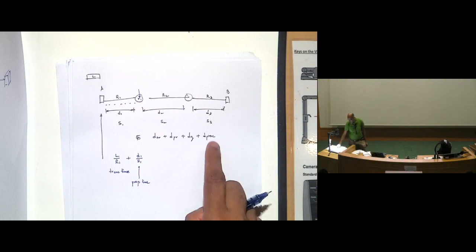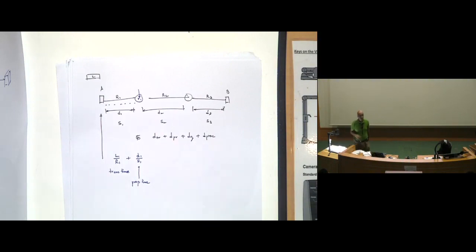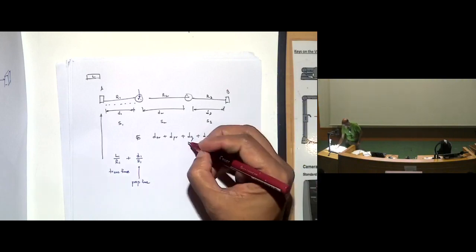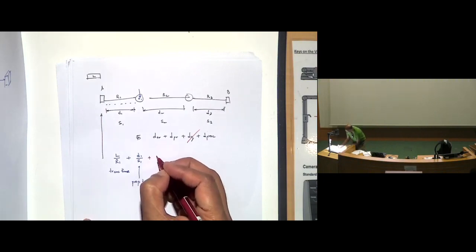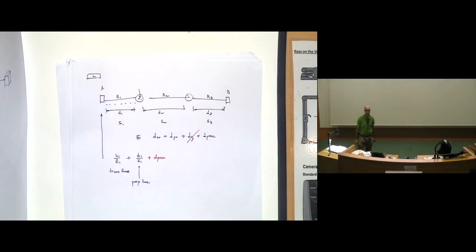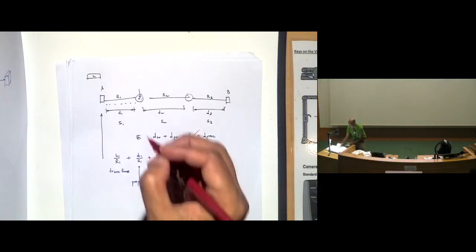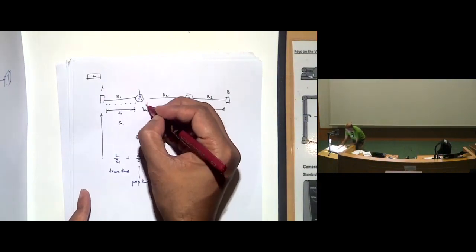At the first router, I can have queuing, processing, and all of this, but the question tells me that I don't really have any queuing delay. Ignore queuing delay, so I can cancel this one out. At the first router, I will have the processing delay, and then we're going to have to transmit the packet here.